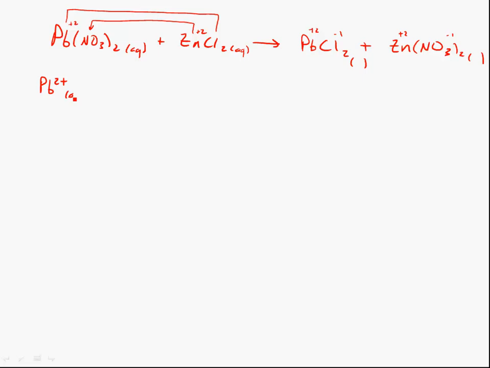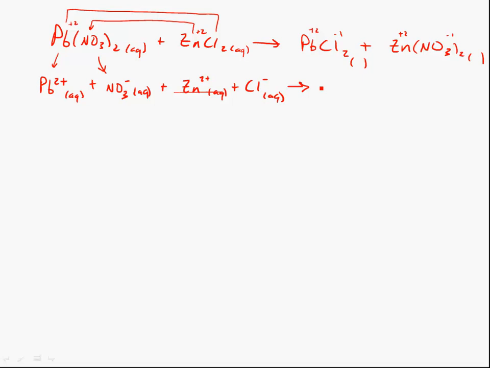So lead's going to go there, nitrate's going to go here. This is after you dissolve it into solution. You've got ions. So this is what you actually have. You don't have compounds that are stuck together. Now you've just got a bunch of ions that are just floating around in solution.